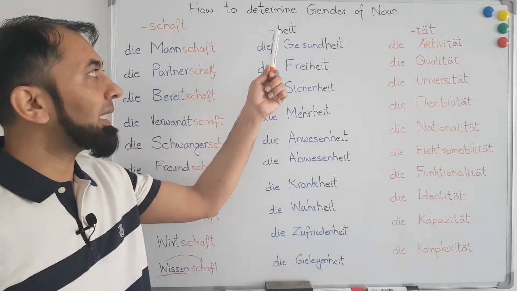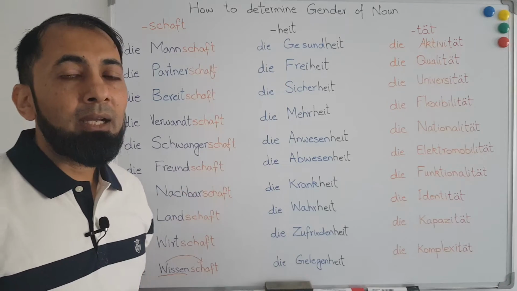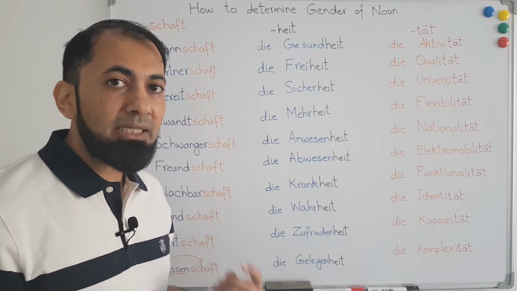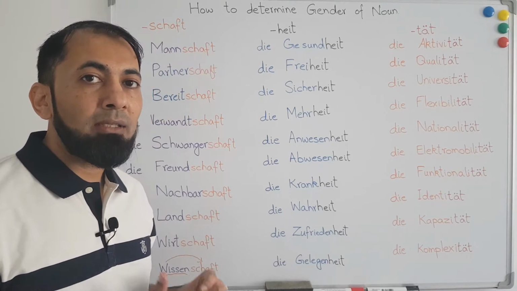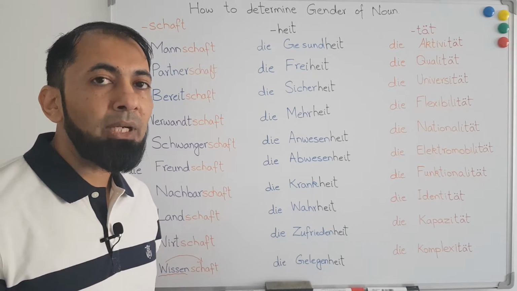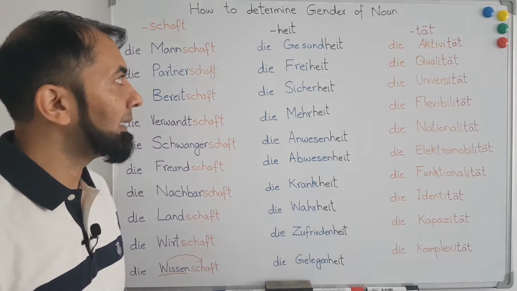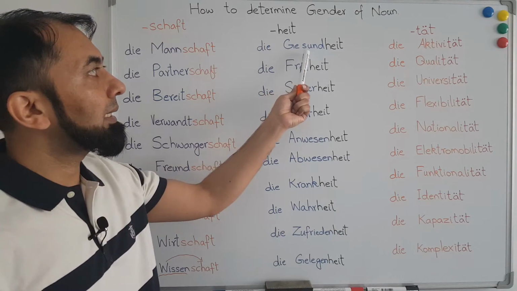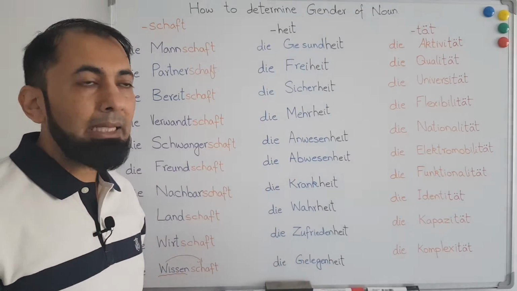Now let's move to the next suffix, which is -heit. In the German language you will be coming across a lot of nouns which have the suffix -heit, and all those nouns which have the suffix -heit, they all are feminine nouns and they have the article die. So let's look at the first one, die Gesundheit, health.